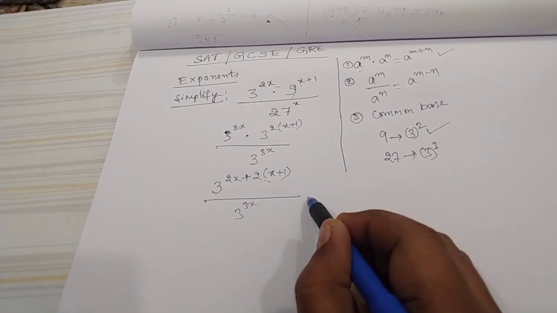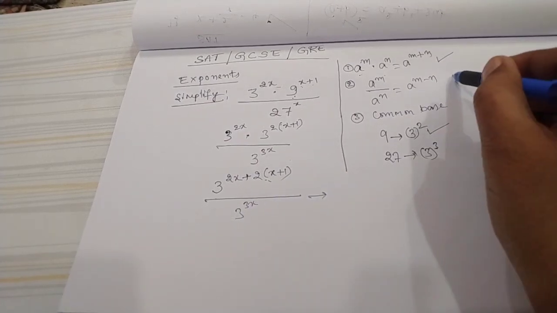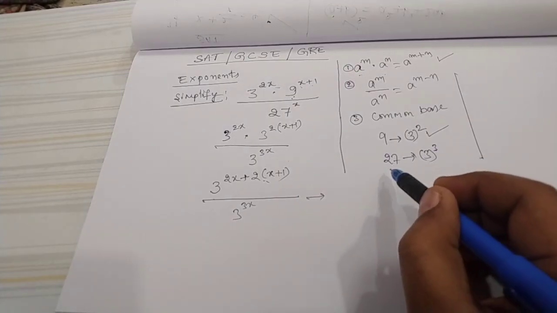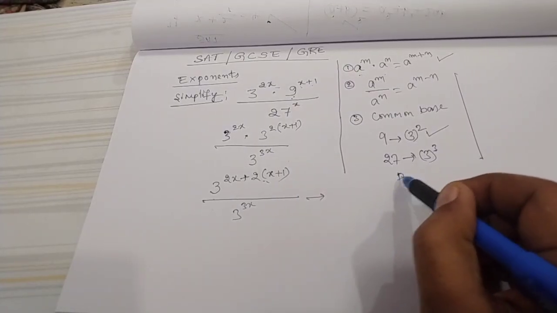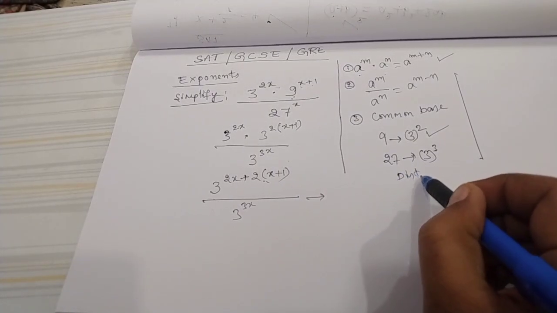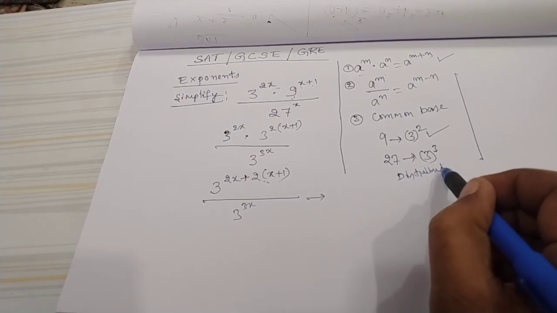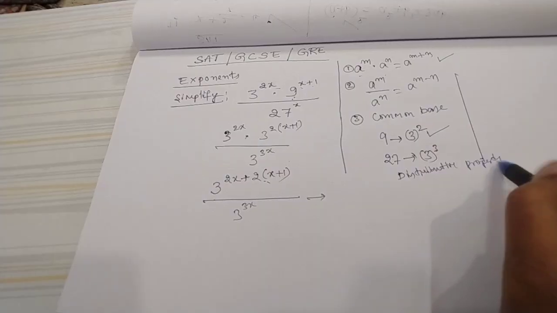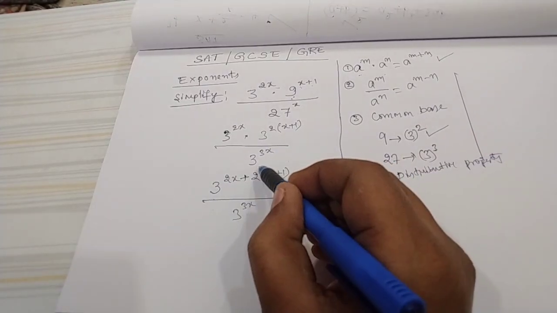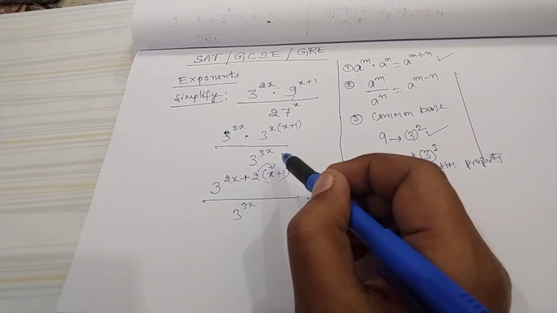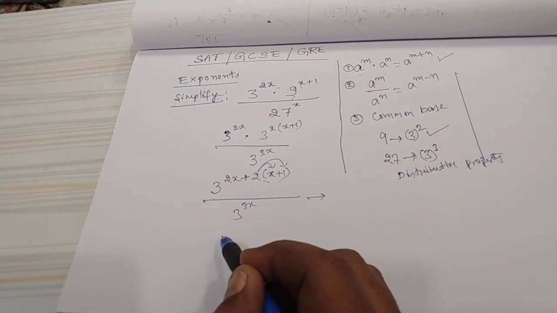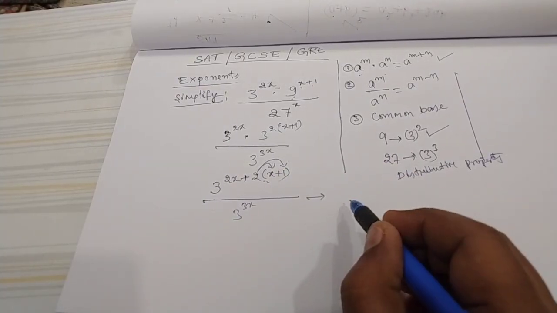Here we need knowledge of the distributive property and how it works exactly. 2 times x is 2x, plus 2 times 1 is 2. I am going to write that in the next step.